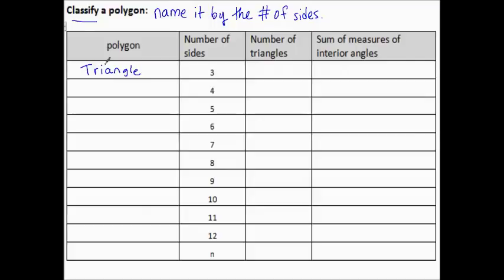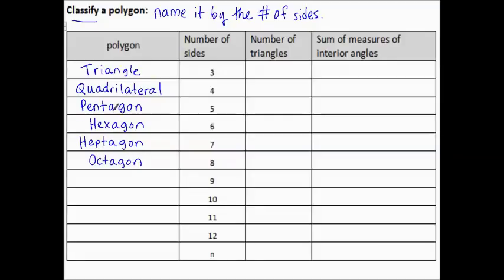You will be expected to know them and know how to spell them. 4 sides is a quadrilateral. 4 for quad, lateral sides, quadrilateral. 5 sides, think of downtown, there's a building that's shaped like this, the pentagon. 6 sides is a hexagon. 7 sides is heptagon. 8 sides is octagon.